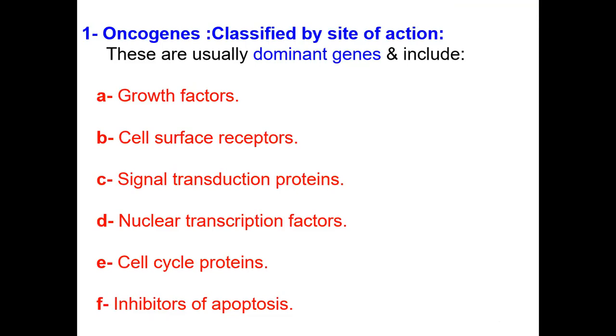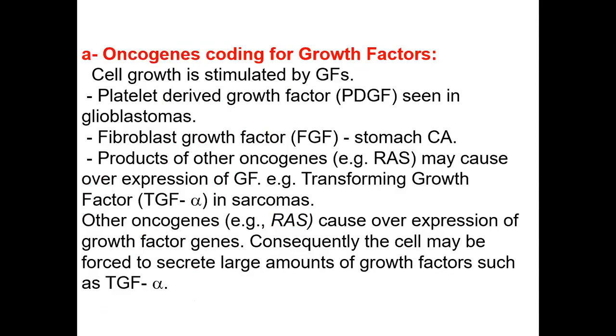نجي على الأونكوجينز، يقسموها حسب site of action إلى dominant genes and include growth factors, cell surface receptors, signal transducing protein, nuclear transcription factor, cell cycle proteins, and inhibitor of apoptosis. نجي على الأونكوجينز coding for growth factors. طبعاً تعرفون أن cell growth is stimulated by growth factor. من هذه الجروث فاكتور تشمل لنا platelet derived growth factor نشوفه بالـ glioblastoma، fibroblast growth factor بالـ CA of stomach، product of other oncogenes مثل الـ RAS يصير عندنا overexpression of growth factor مثل عندنا transforming growth factor alpha بالساركوما.